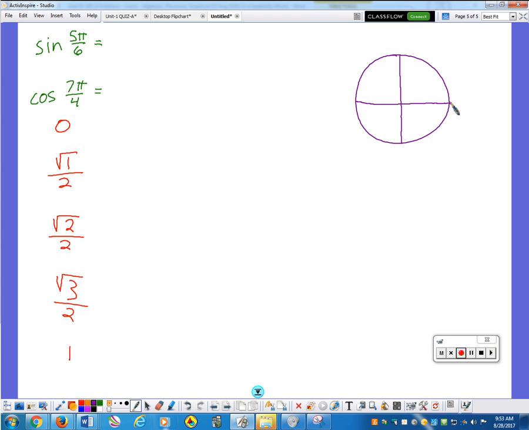And then I just count. So I've got to get to 5 pi over 6. So let's see. Start right here. Here's 1/6, 2, 3, 4, 5.